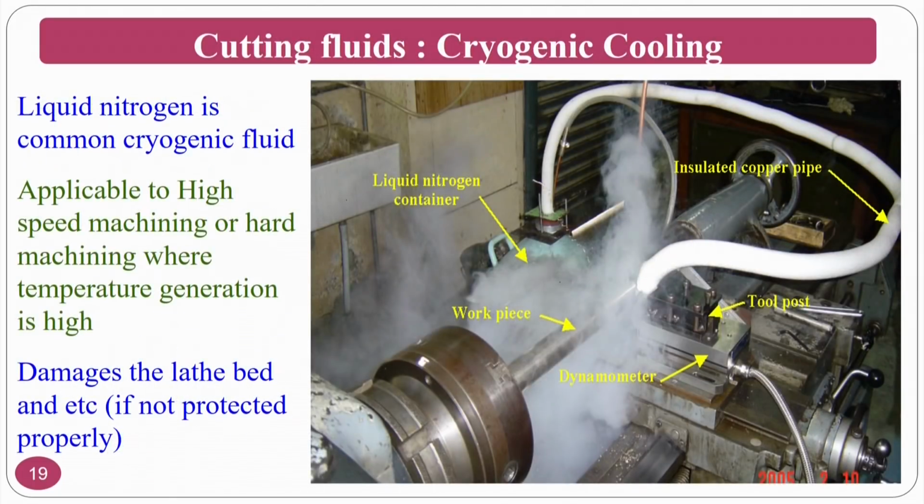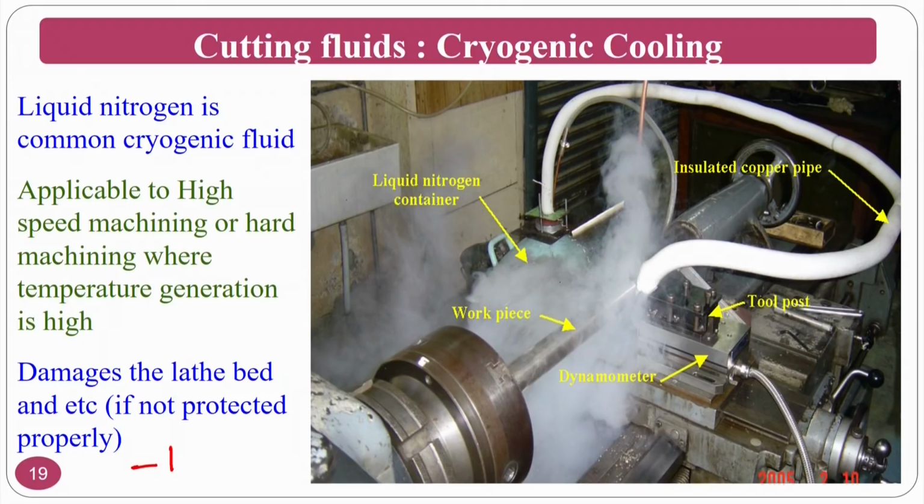Okay, this is about how we do the machining operation using cryogenics. Normally liquid nitrogen is used. In the current photograph, whatever you can see is liquid nitrogen based cryogenic machining, where the cryogenic fluid is used as a coolant. Basically it is a better coolant because the temperature is minus 164 degrees.